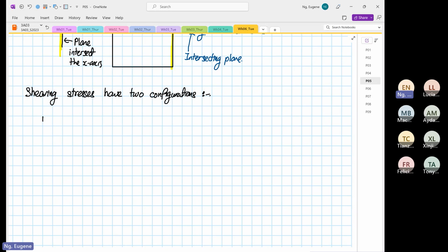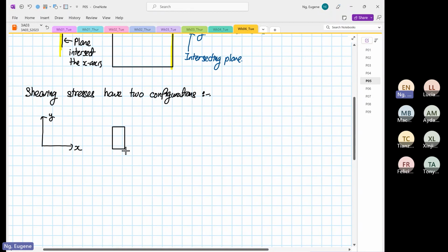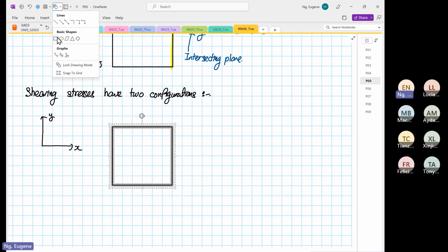So again, I'm going to draw my transformation. So this is x and this is y. There's only two configurations. Let me show you what the two are. So we have the first one over here. Okay, and I'm going to draw another square.